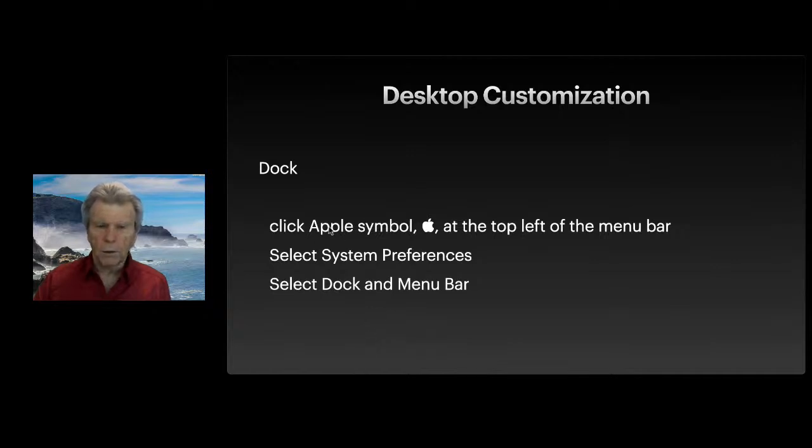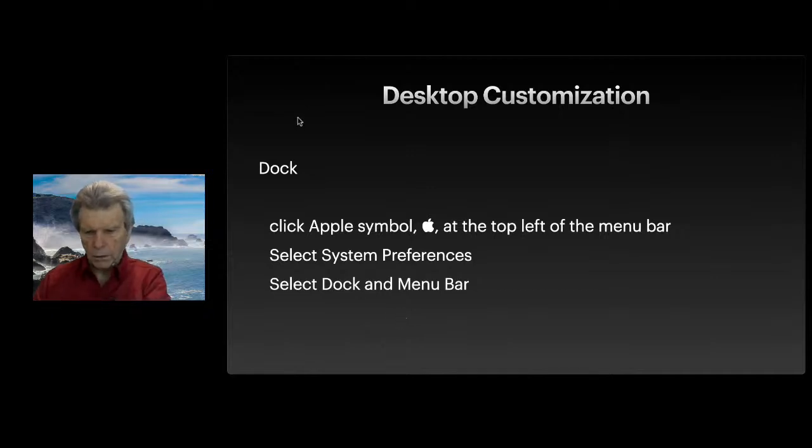And to do that, you go to the Apple menu and you select System Preferences and you select Dock and Menu Bar. Now, if you have an older operating system, this may be a little different procedure. So if you don't see that in your System Preferences on an older operating system, then it's in a slightly different place.